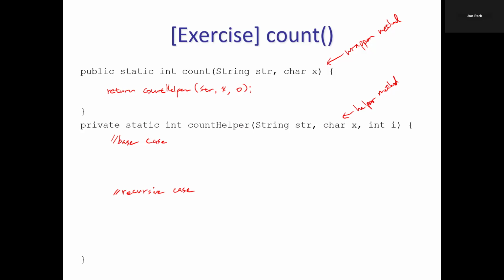Before, we always check the 0th character against X. This time, string is always the same. Well, we have I denoting which character we're currently looking at. So which character would you check is the same as X? Instead of the 0th character, what would you check?